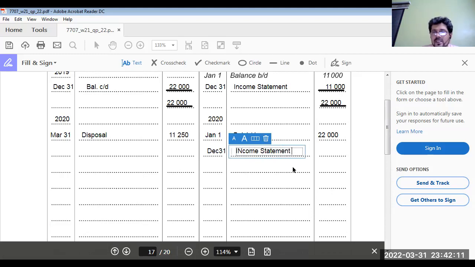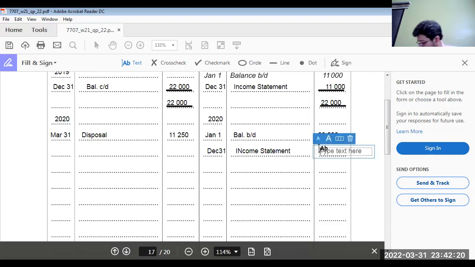So its depreciation is 6,000, and 1,250 was the depreciation of machine B for 3 months. That would make your total depreciation 7,250: 6,000 for machine A and 1,250 for machine B.